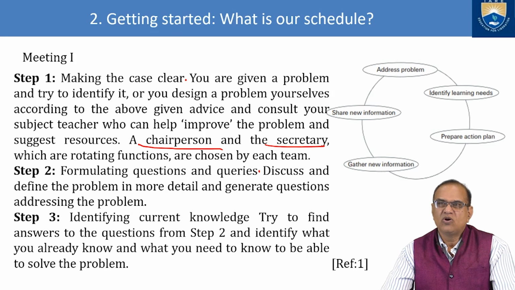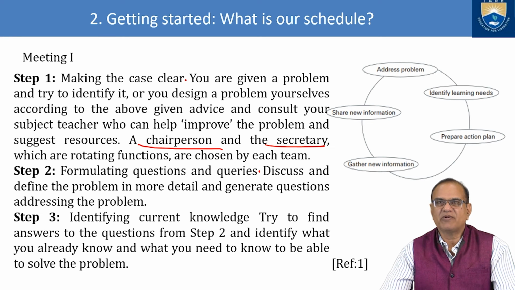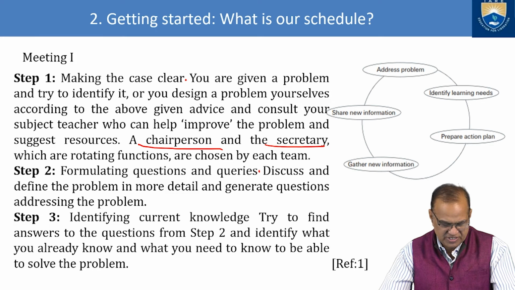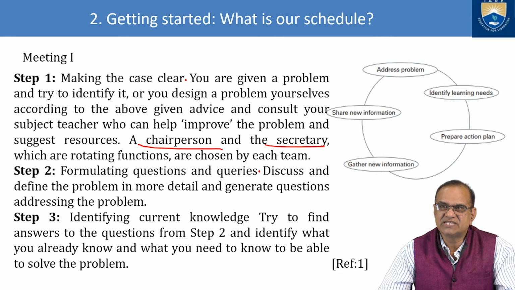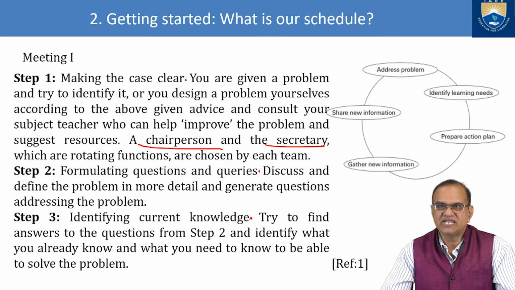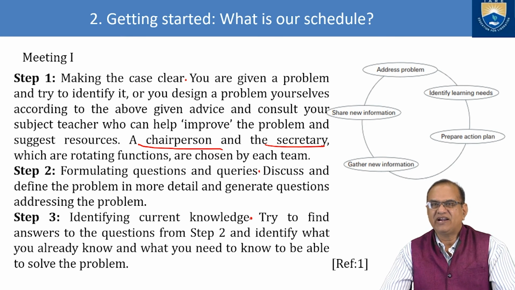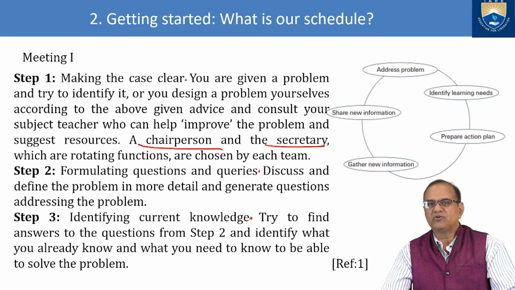You have to formulate the questions and the queries, discuss and define the problem in more detail, and generate questions addressing the problem. Step 3, identify current knowledge. Try to find answers to the questions from step 2 and identify what you already know and what you need to know to be able to solve the problem.